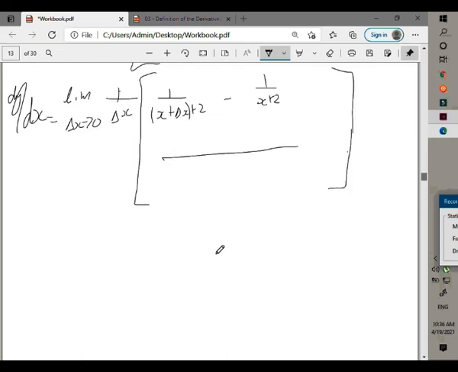Alright, so this is x plus 2, x plus delta x plus 2 plus. So what this gives me here now is x plus 2. And when I work this out now, I'm going to have minus x minus delta x minus 2.